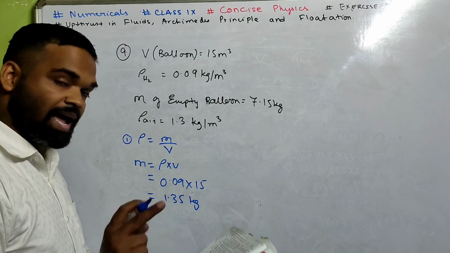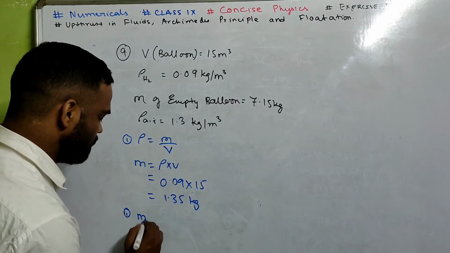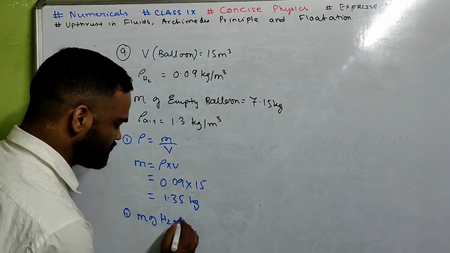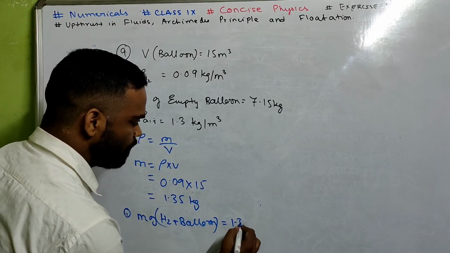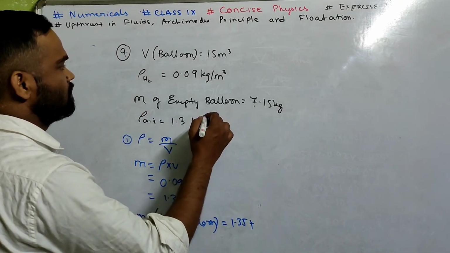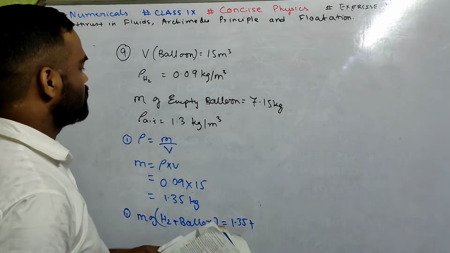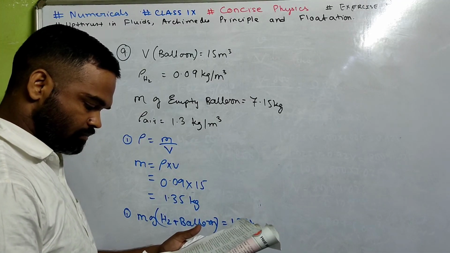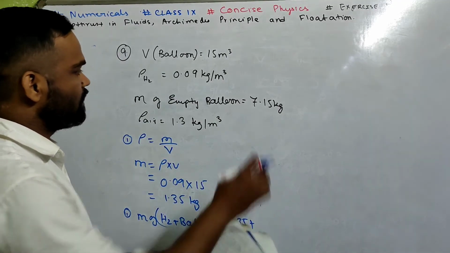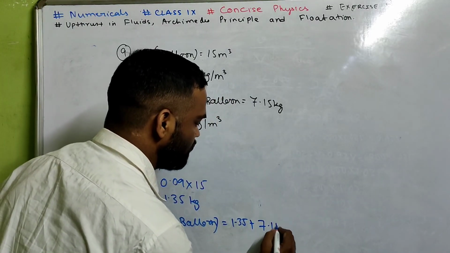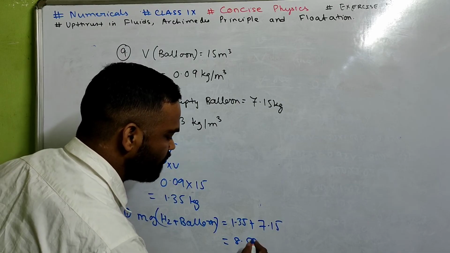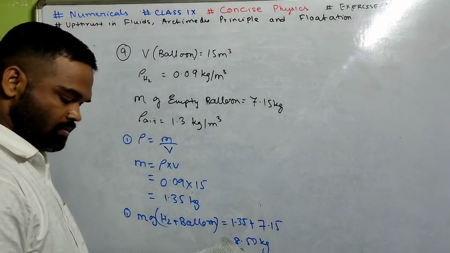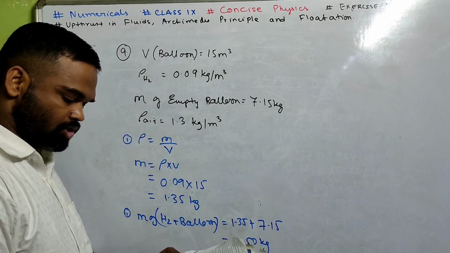Number 2. The mass of hydrogen and balloon. Very easy. Mass of hydrogen plus balloon. What do we do? 1.35 plus, they've given the mass of empty balloon as 7.15. So we add it, that's 8.50 kg. Done. Sure.